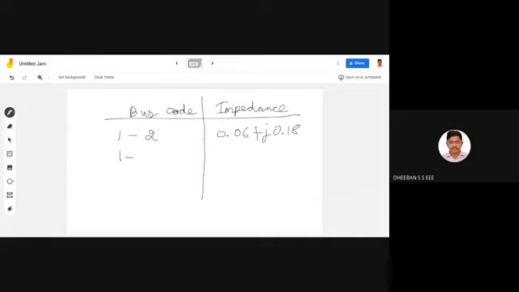From bus 1 to 3, it is 0.02 plus j0.06. Next, from 2 to 3, it is 0.04 plus j0.12. So take down the table, we'll be getting into the solution.